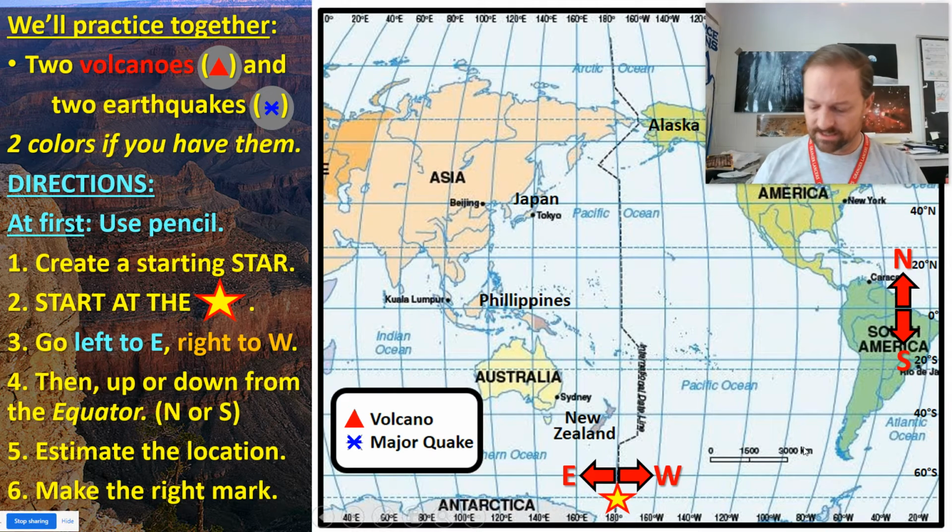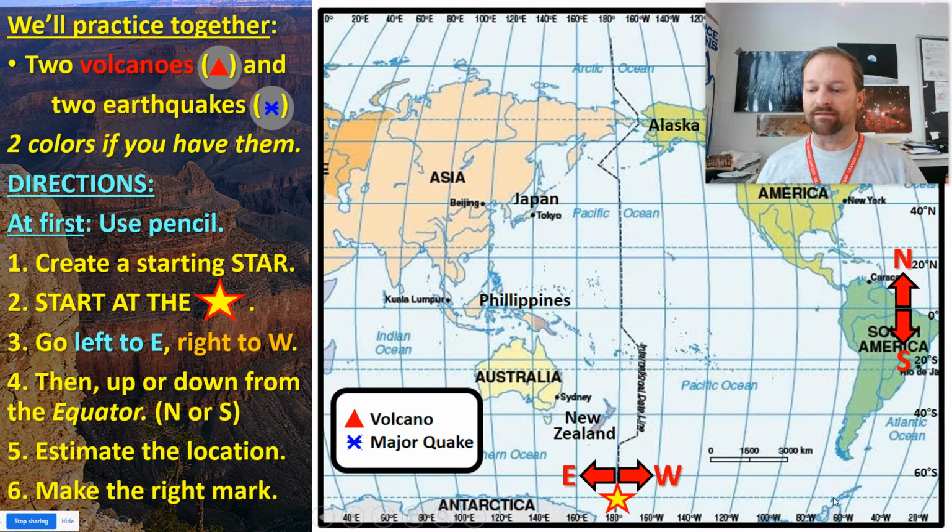The next one says 70 west and 35 south. Let's start at the star. Again, always starting at my star. Going across, follow my mouse on the digital screen now, across to 70. So it'll be halfway between 80 and 60. 70 would be right about there.